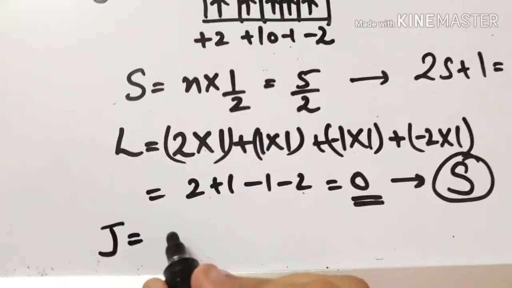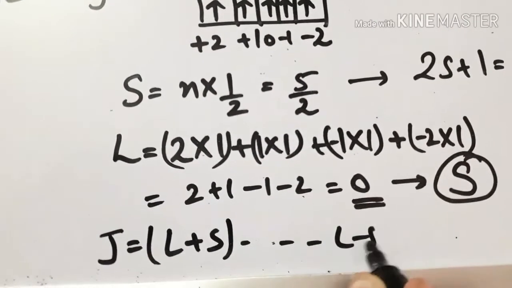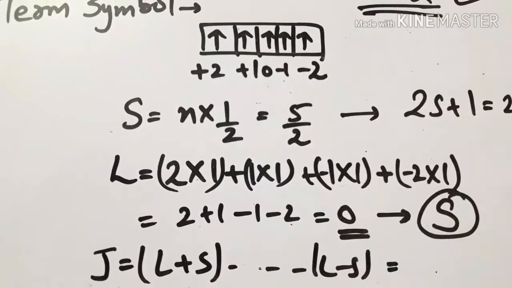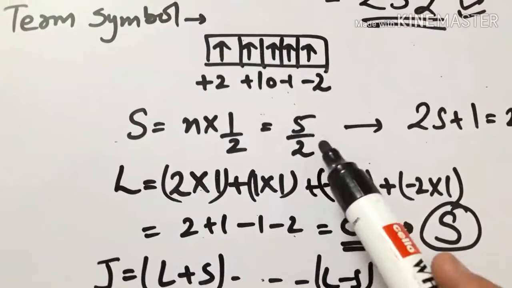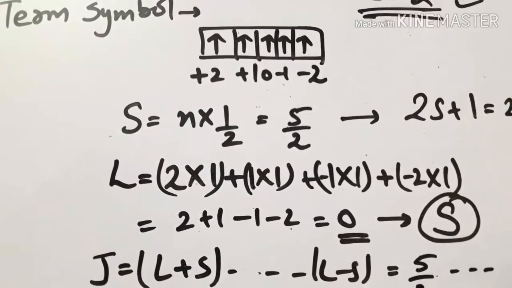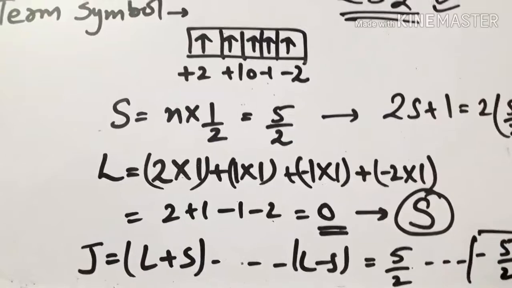J, that is modulus of L plus S to modulus of L minus S. It is L plus S, that is 5 by 2 plus 0, that is 5 by 2, to 0 minus 5 by 2, that is minus 5 by 2.